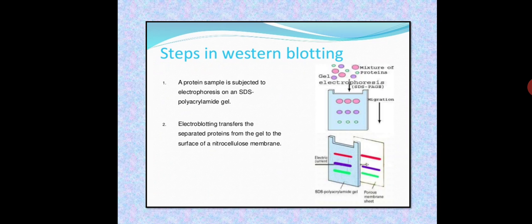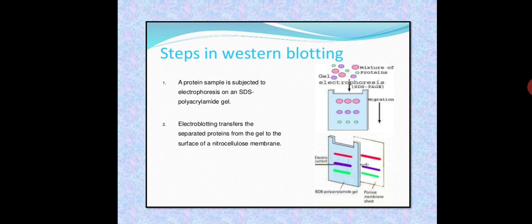Now this gel carries pores in between. How are the protein molecules separated? If a protein is small, it will migrate further, or faster. If a protein is large, it will not migrate but will stop in between.